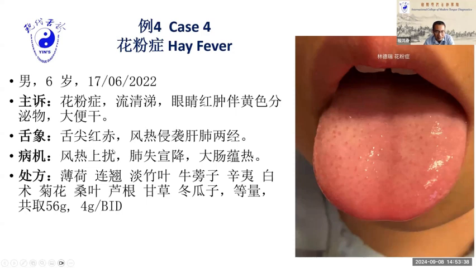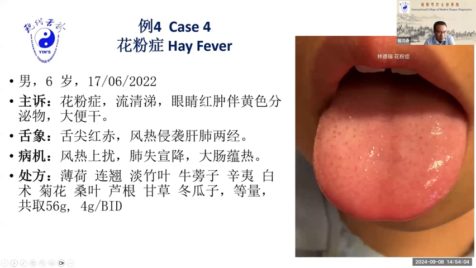So we see wind heat invaded the upper jiao and made the lung qi lose its descending. Lung qi has accumulated in the upper jiao, and the large intestine has heated up.